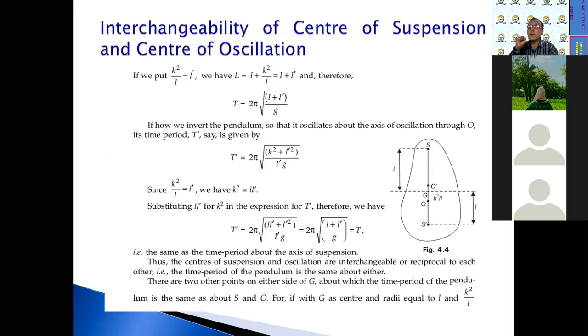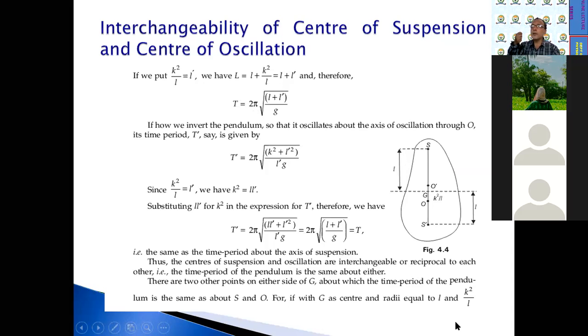Now, one more article I would like to share with you: interchangeability of the center of suspension and the center of oscillation. Now this is the center of suspension, this is the center of gravity, and this is the center of oscillation. It is suspended about this one, the time period is obtained, suppose it is equal to t, isn't it?